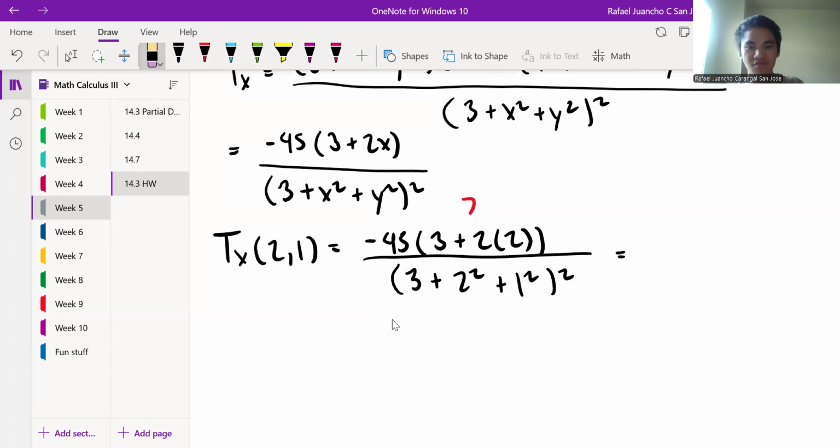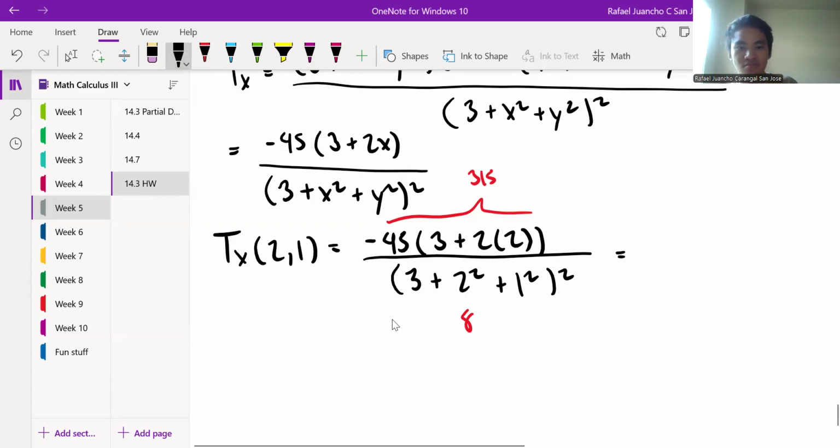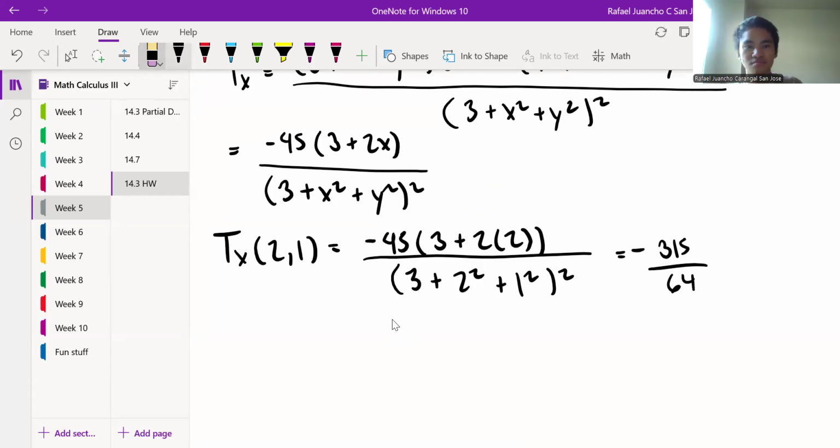This is 315. This is what? 3 plus 4, 7 plus 1, 8. 8 squared, that's 64. 315 divided by 64, is that a thing? Do I round it? Okay, but it's basically this. So temperature is decreasing.